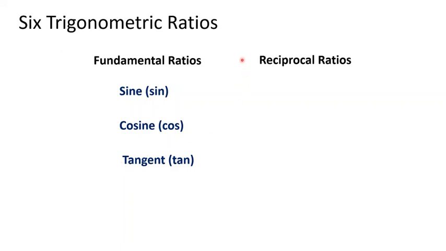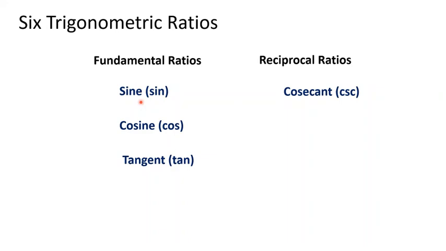Now, we also have the reciprocal ratios. They are called reciprocal ratios because they are the inverse of the fundamental ratios, and each fundamental ratio has its respective reciprocal ratio. You also have to remember which ones are partners. For example, for sine, you should know its reciprocal. The reciprocal of sine is cosecant.